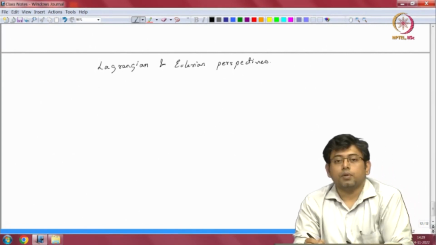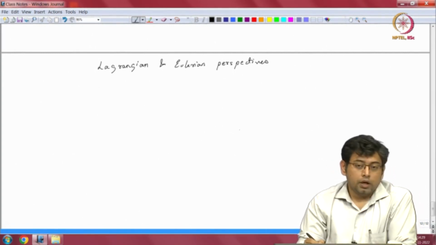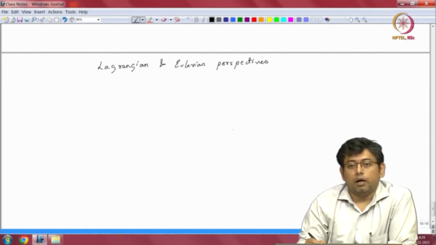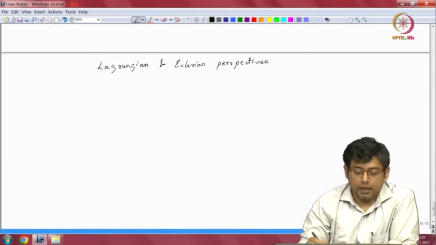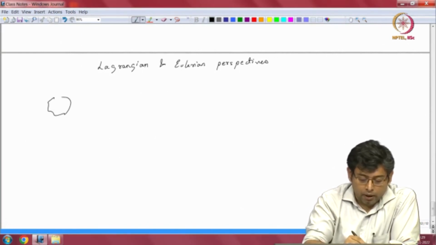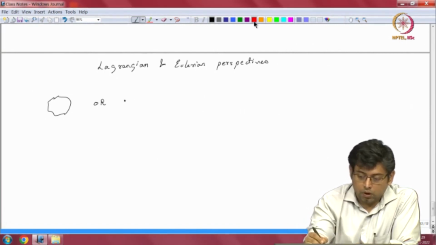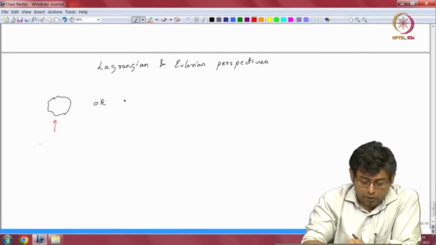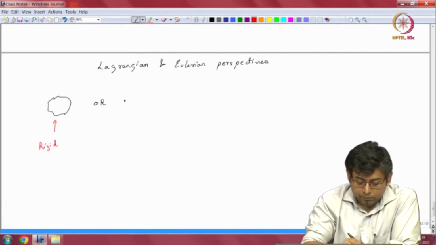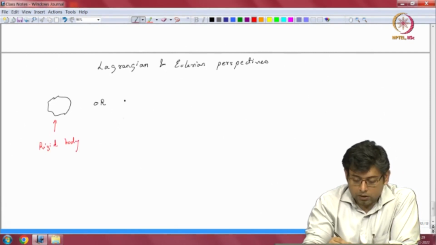In Newtonian dynamics, we were confronted with the idea of tracking a rigid body. Right. So if you have a rigid body, or a point mass, this was a rigid body and this is our point mass.